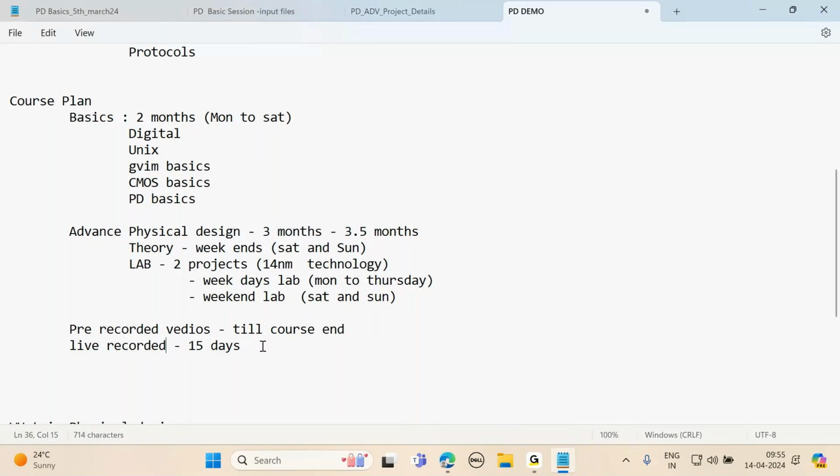Apart from that, you will be having regular tests and mock interviews to make you ready for interview.